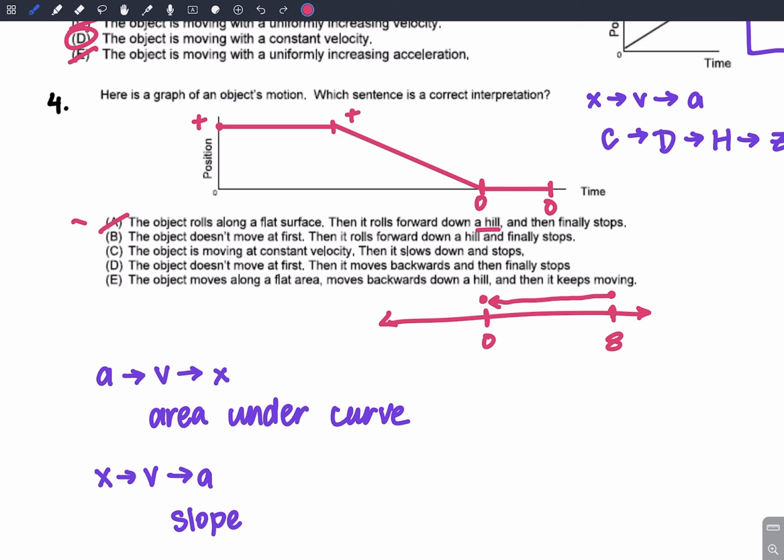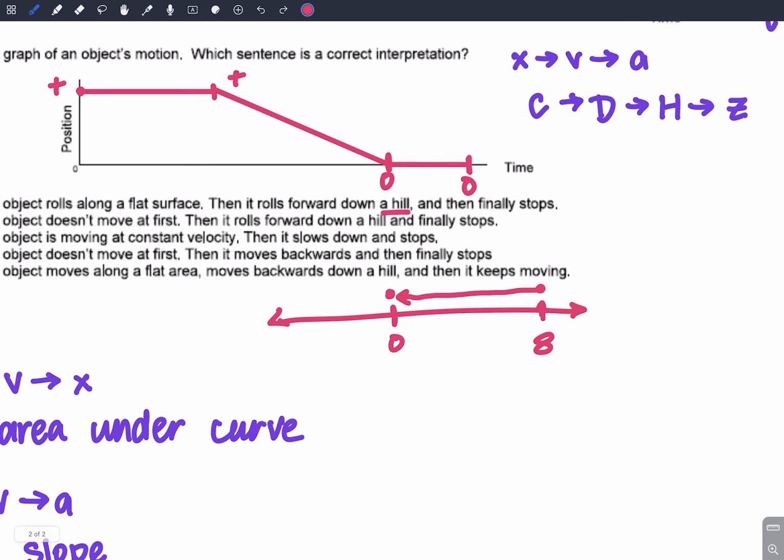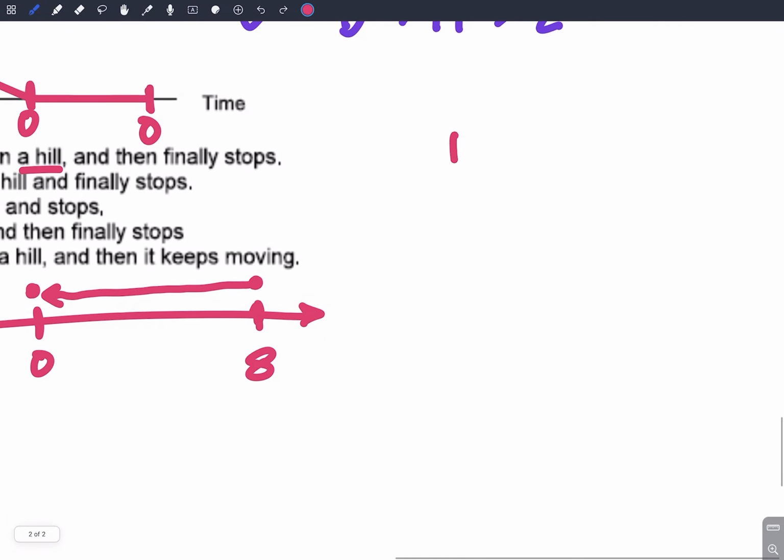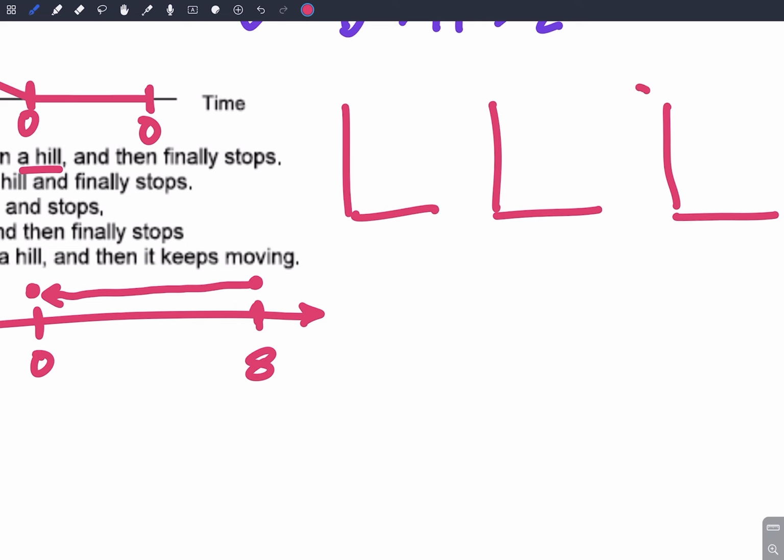So, if it were rolling down a hill, then you would have some acceleration. Let's do a hill scenario real quick. So, acceleration, velocity, displacement.